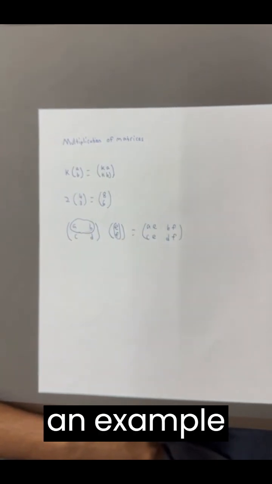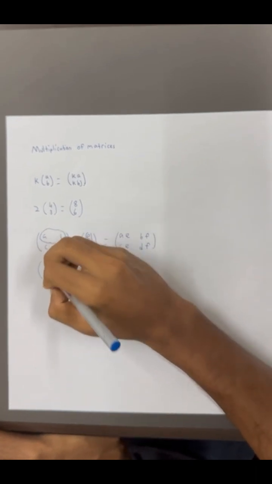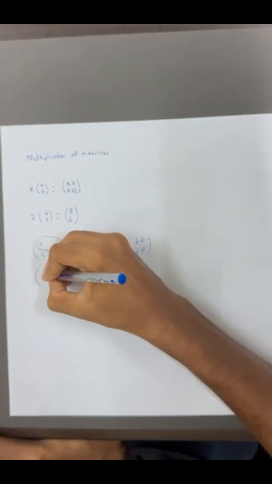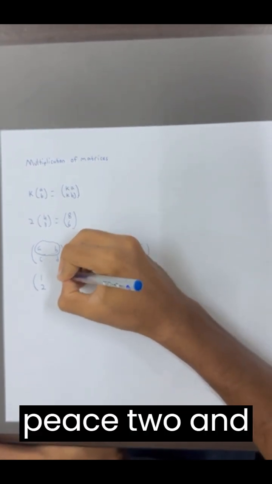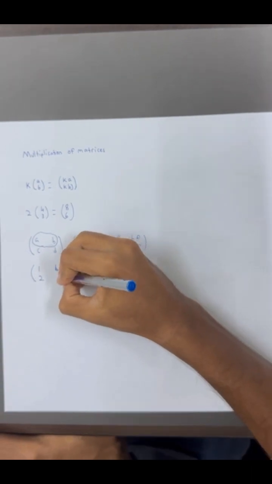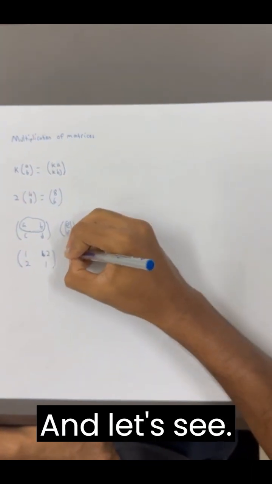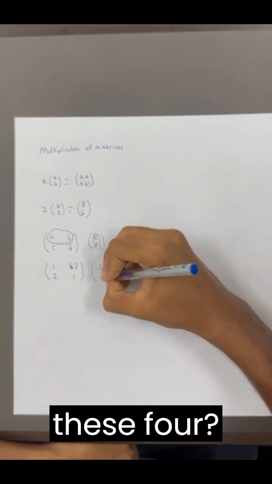So now I'll give an example for this formula. Let's say A is 1, C is 2, B is 2, and D is 1. And let's say E is 3 and F is 4.